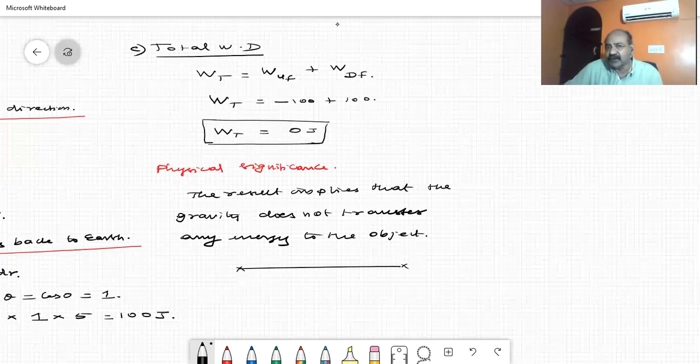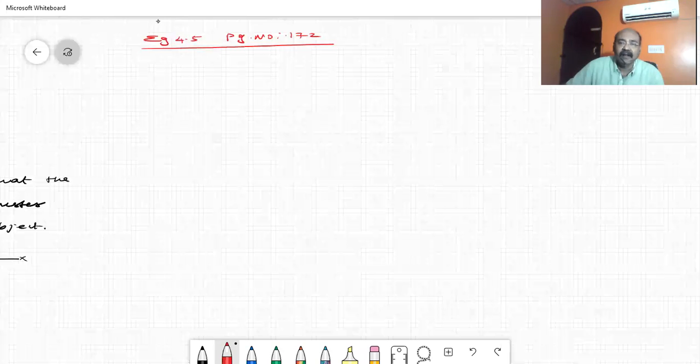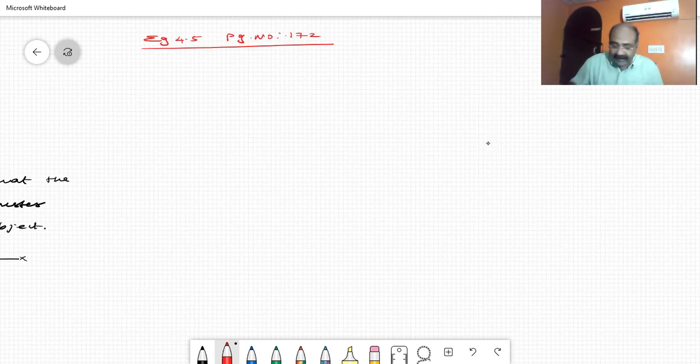Let us move on to the next problem, problem number 4.5. Come on, go with problem number 4.5. See, a weightlifter lifts a mass of 250 kilogram with a force of 5000 Newton to a height of 5 meters. So the mass is 250 kilogram.